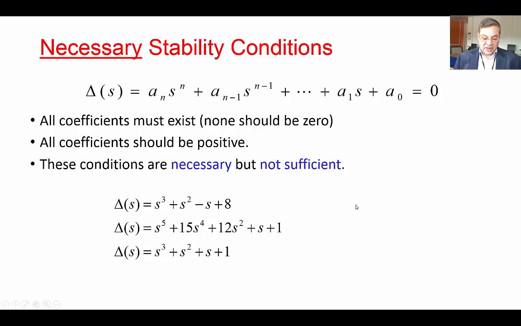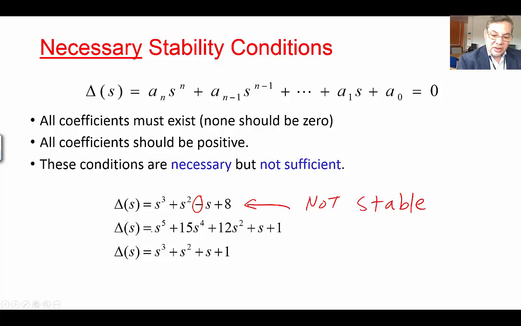For example, if we look at the first system here, the s squared coefficient is negative, so that's not stable. This one here is 5, 4, oh well, the s cubed term is missing, so that's also not stable.